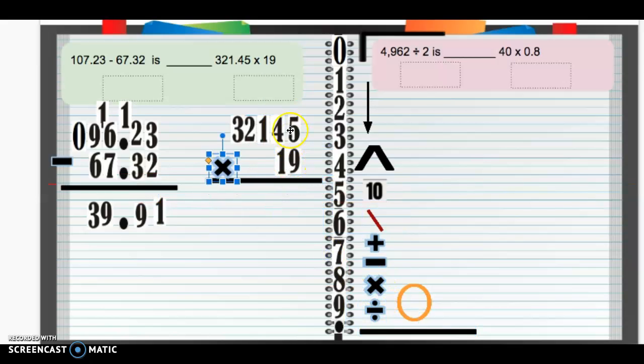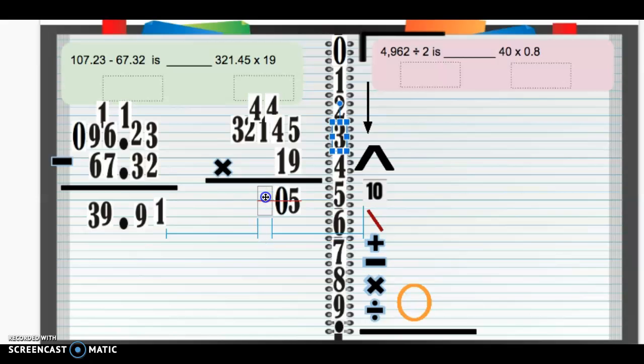We do 9 times 5, which is 45. The 5 goes down, the 4 goes up high. And then we do 9 times 4, which is 36. 36 plus 4 is 40. So we put our 0, and then we put the 4 up. Then we do 9 times 1 is 9. 9 plus 4 is 13.